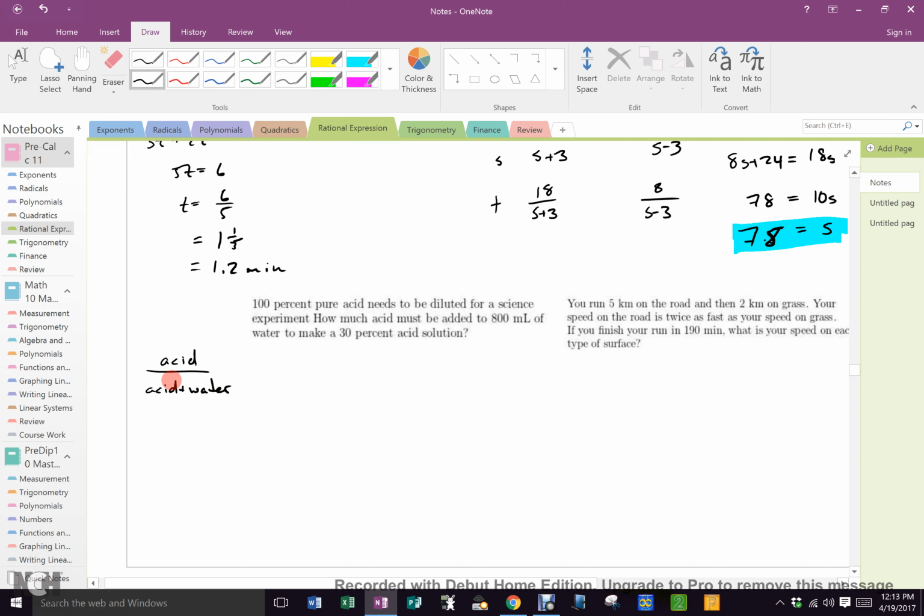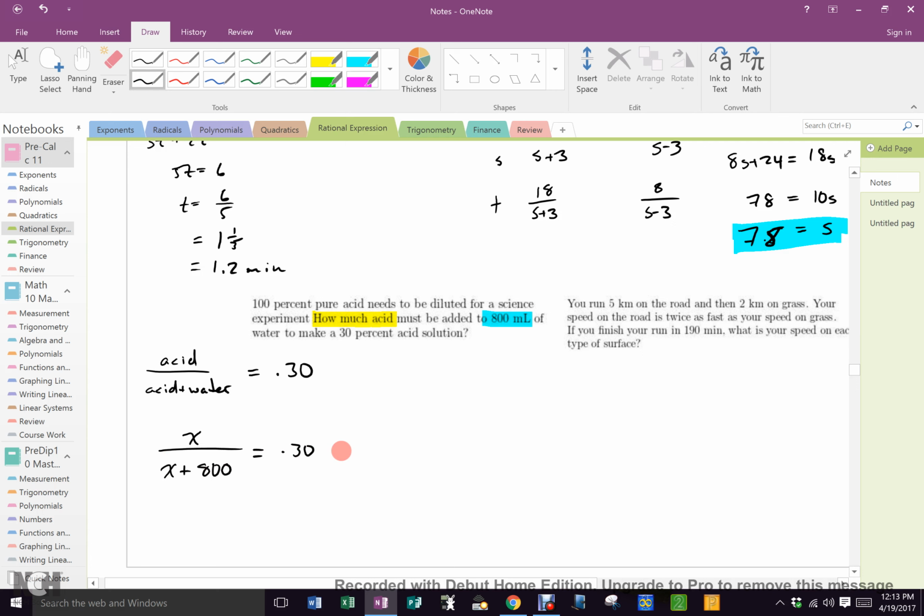Now what do I know? And I know that has to equal 30%. Well, the question says, how much acid? So there's my x. X plus, I have 800 milliliters of water. X over x plus 800 has to equal 0.30.